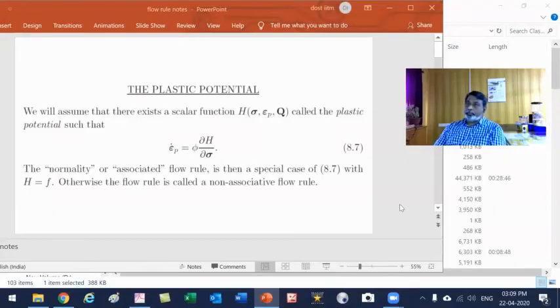And therefore, we assume the plastic potential to be a scalar function H as a function of sigma, plastic strain, and certain internal variables. One of the internal variables that we already know is the isotropic hardening parameter. There are several internal parameters that can be introduced in order to explain the way in which the material behaves.